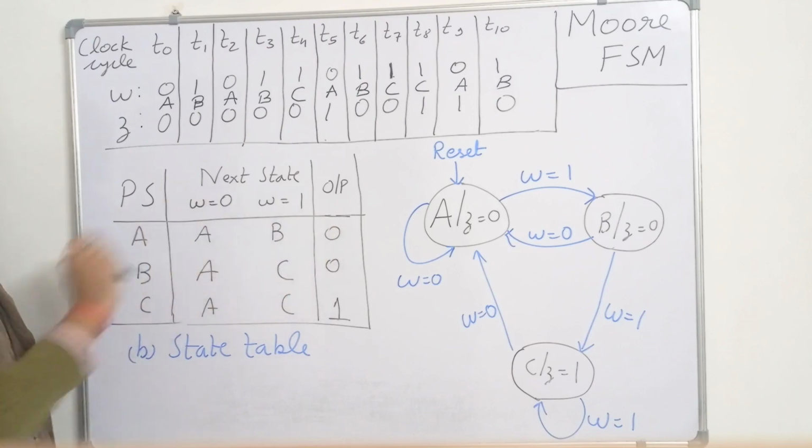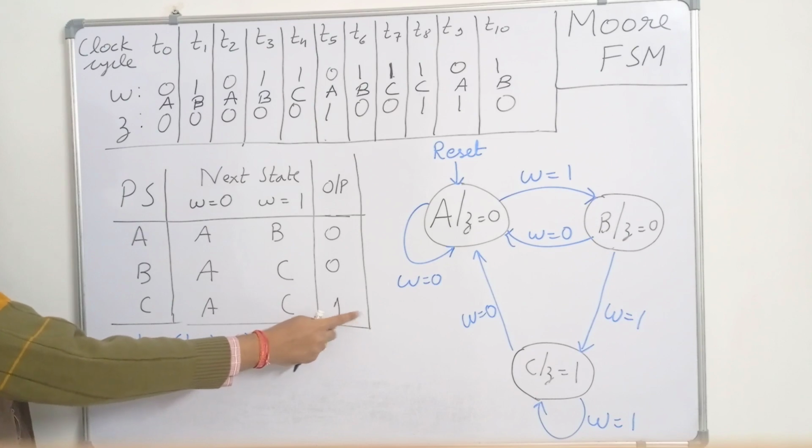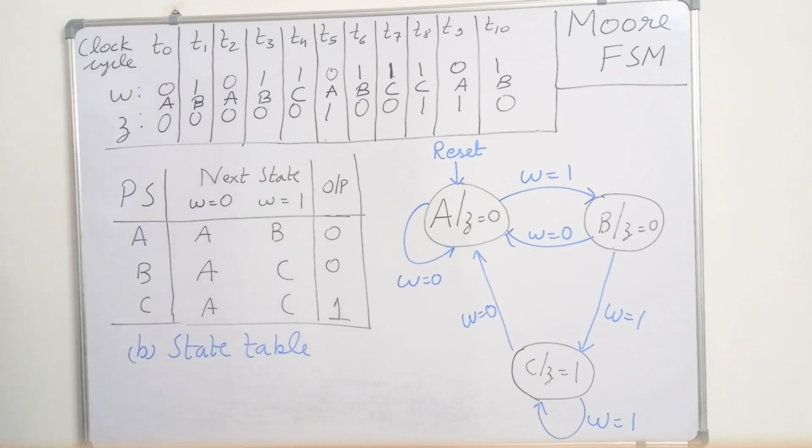System output will be 0 in state A, because state A means only 0. Output will be 1 only in state C, because when system is in state C, it means two consecutive ones are detected. So the output will be 1 in the next cycle.